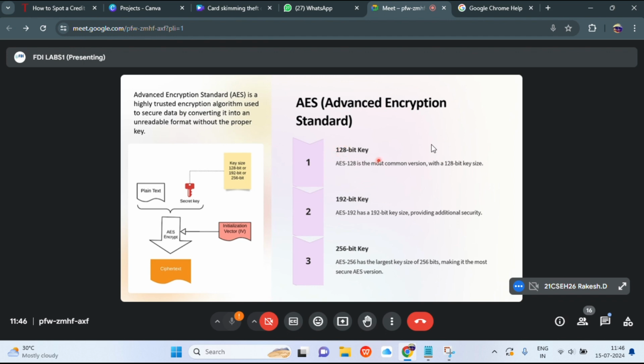With a 128-bit key, it has 10 rounds of encryption. With a 192-bit key, it has 12 rounds. With a 256-bit key, it has 14 rounds of encryption and decryption. So it is considered more secure when compared to DES. AES and DES use the same key for encryption and decryption, so they belong to symmetric key cryptography.